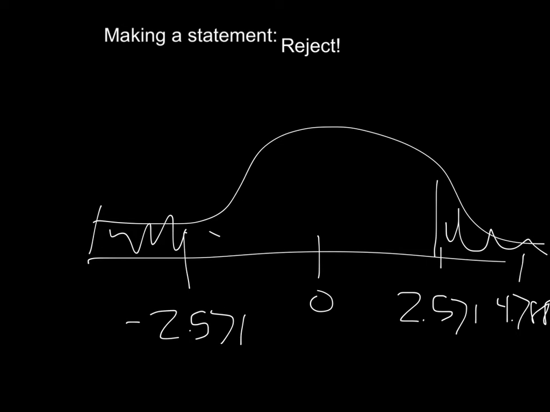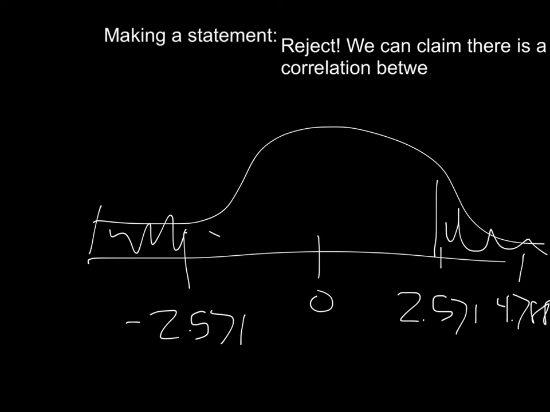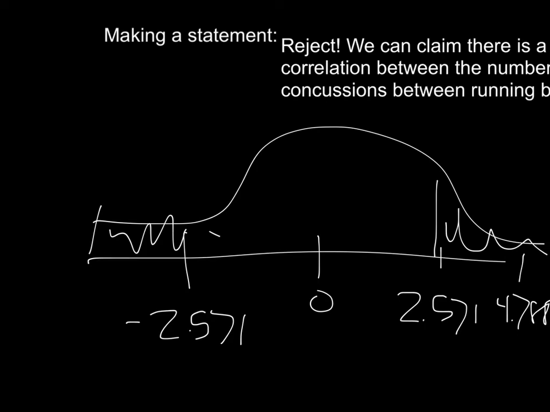And our reasoning is we can claim there is a linear correlation between the number of concussions between running backs and linebackers.